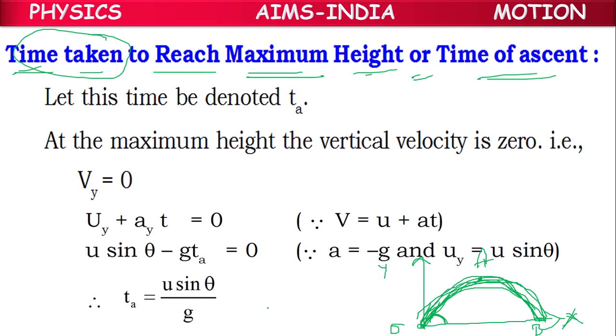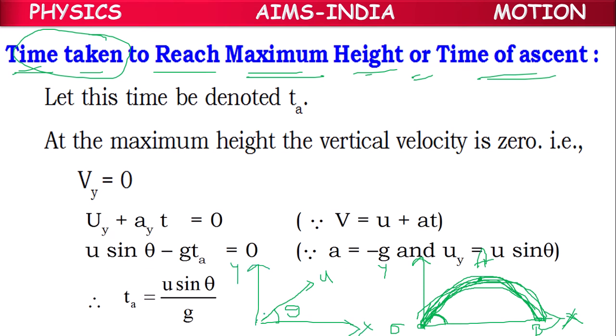Actually here we are throwing with a velocity u at an angle theta other than 90 with the ground. X-axis, this is y-axis.